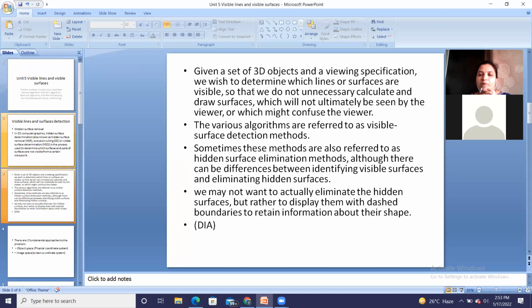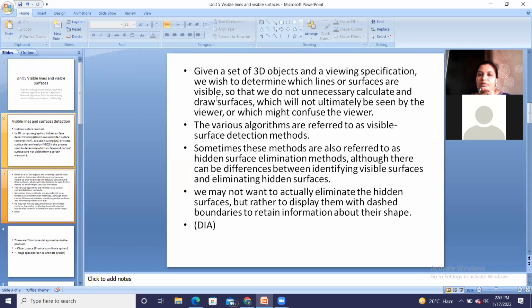We wish to determine which portion is visible, so that we do not unnecessarily calculate and draw surfaces which will not ultimately be seen by the viewer.